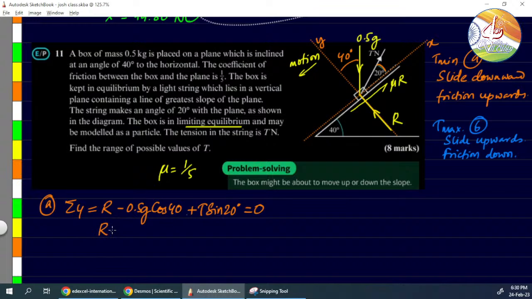So let's find the equation for R. That will be 0.5 g cos 40 minus T sin 20.